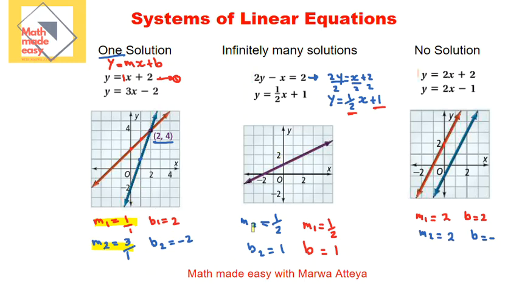Now, if the 2 lines had the same slope, like in this case, and the same y-intercept, then they are exactly the same line, so the system has infinitely many solutions.